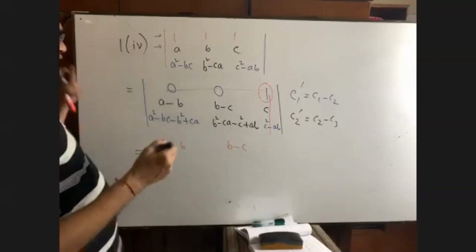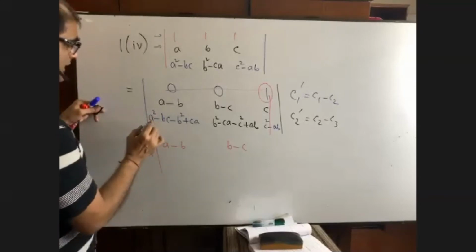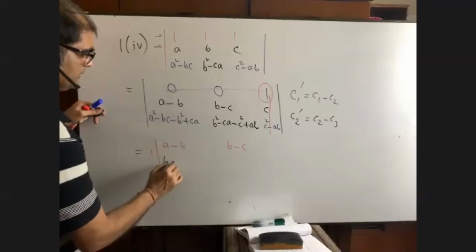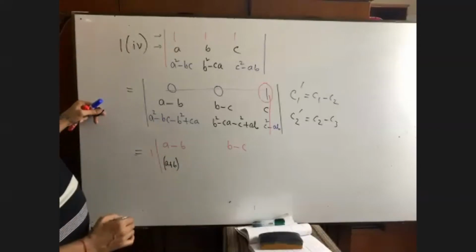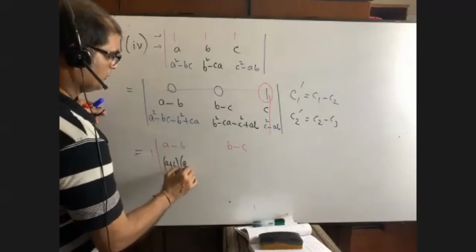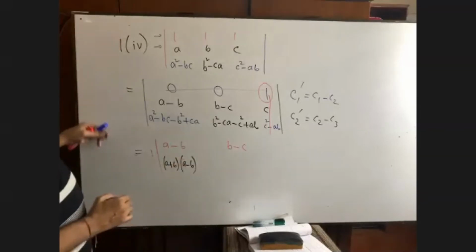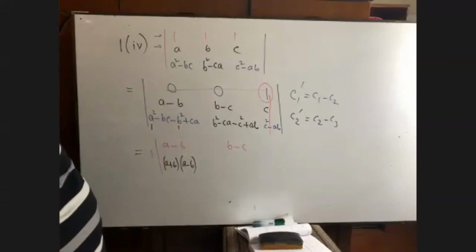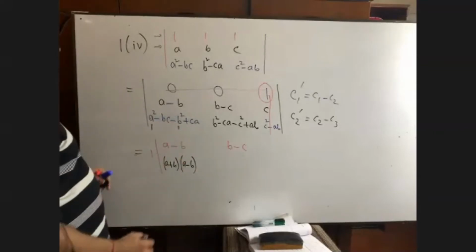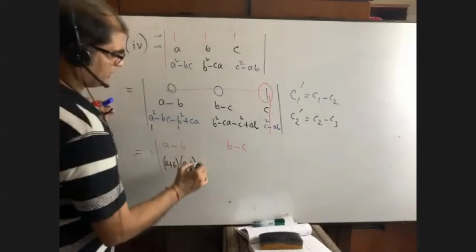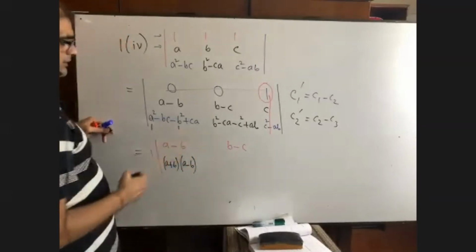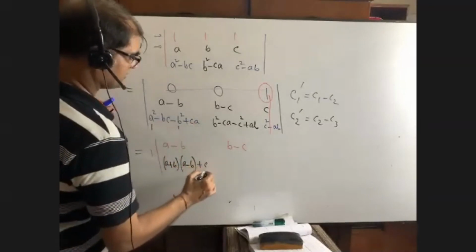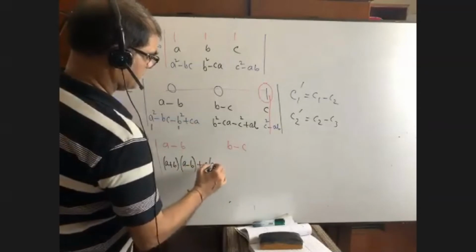a square minus b square, we can put it into the formula: a plus b into a minus b. Please try to understand, a plus b into a minus b. And from here, if I take c common, then we get, please, a minus b.